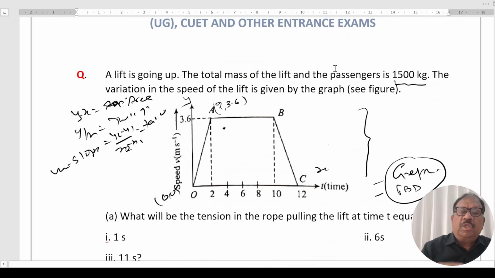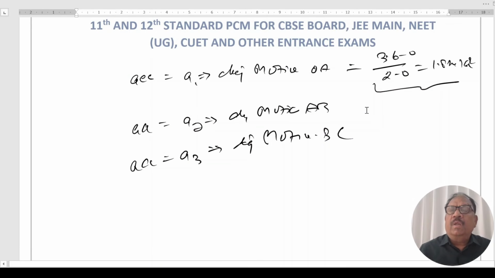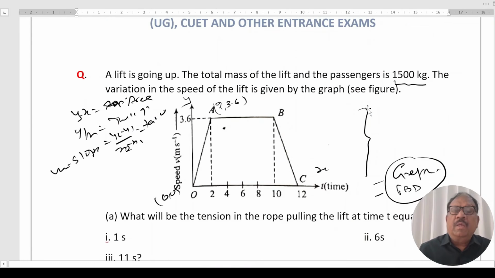Second, in this case, speed is constant. For acceleration, there should be a uniform increase in velocity. So therefore, acceleration A2 is 0. The line is parallel, A2 equal to 0. Then acceleration A3: BC coordinates, this is the point with x coordinate 10, y coordinate 3.6, and this is 12, 0.